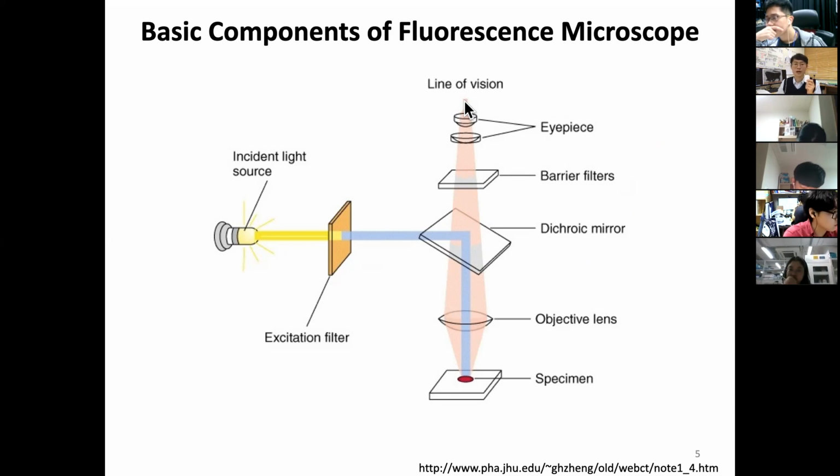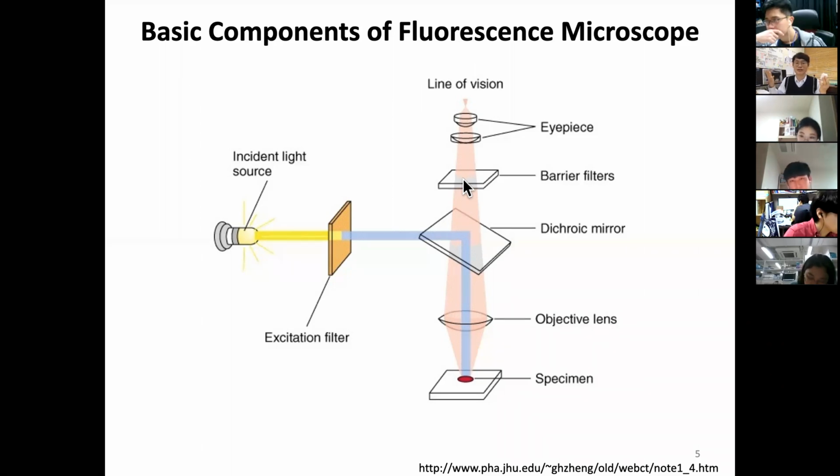To make this possible, you actually have to invent a specific, very weird thing over here. This specific mirror has to reflect blue light while it passes reddish color. So you need to invent this to make this possible.